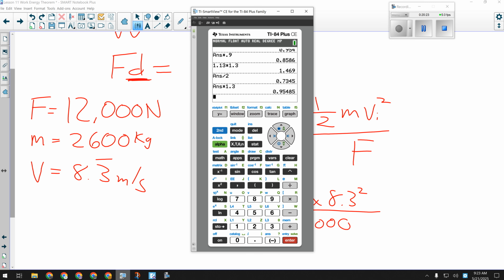So 0.5 times 2,600 times 8.3 repeating squared, and then divide that by 12,000. So my car is still going to travel 7.5 meters before I stop, even at 30 kilometers an hour.